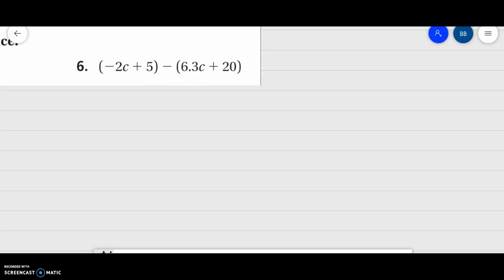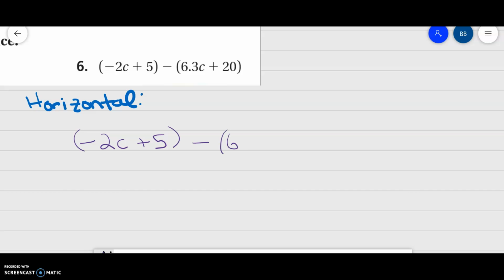So let's do it horizontally first. We have negative 2c plus 5, and then we're subtracting 6.3c plus 20.